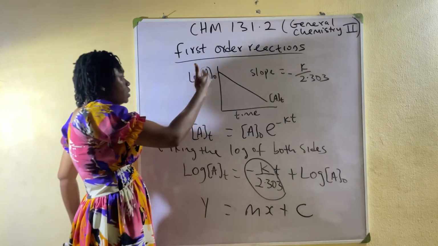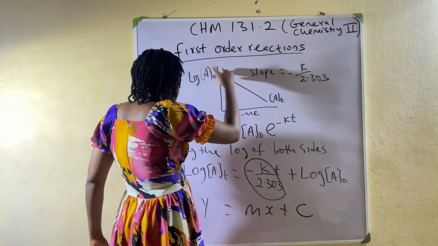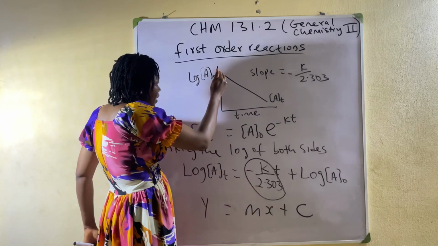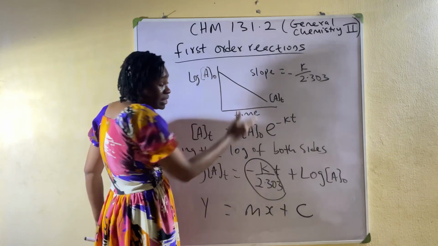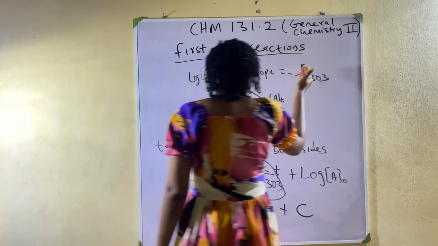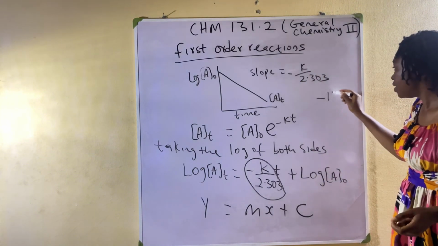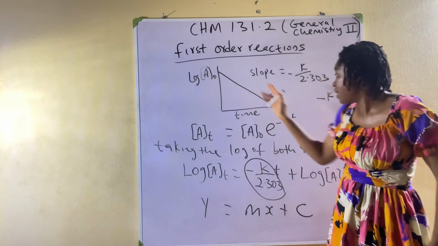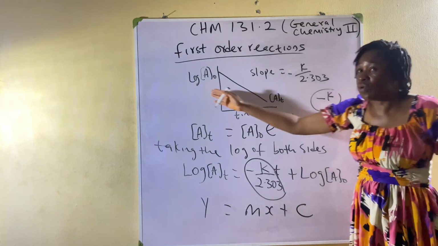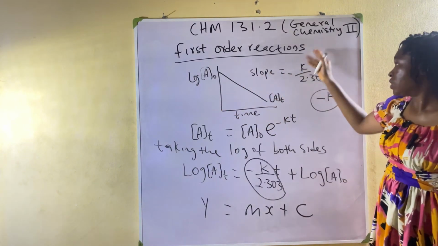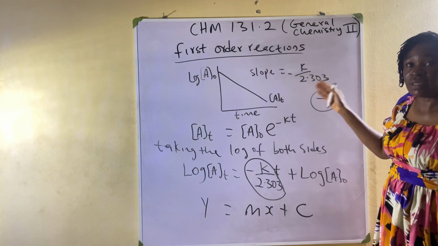You can see it's a negative slope, because the concentration of reactant decreases as time passes. If you're using ln, that's minus K. If it's log, it's minus K over 2.303.